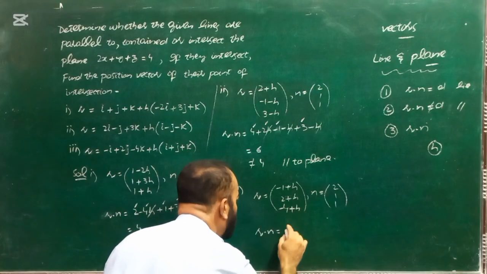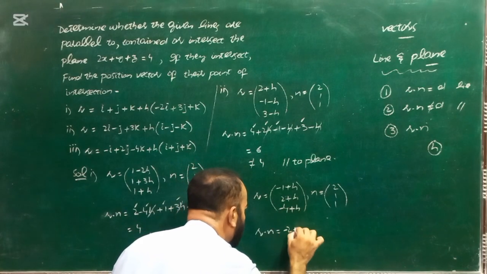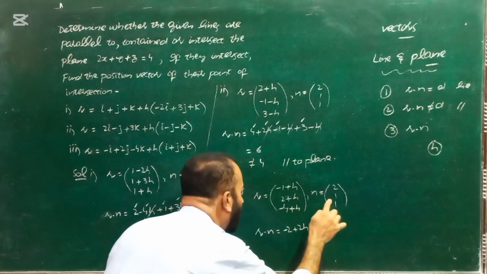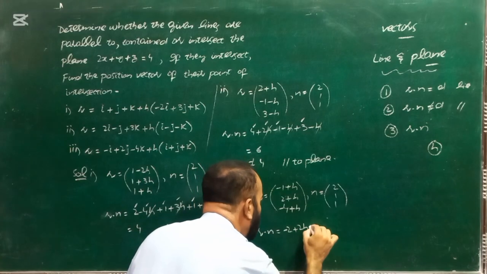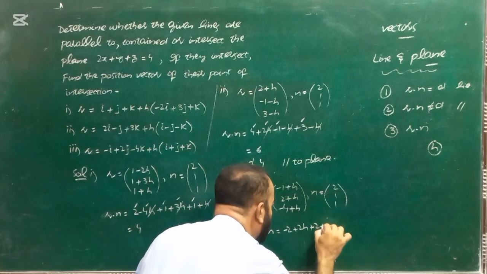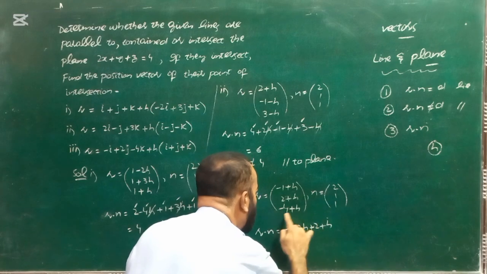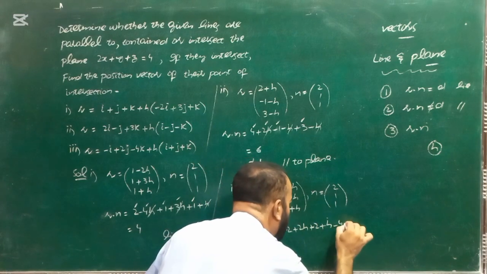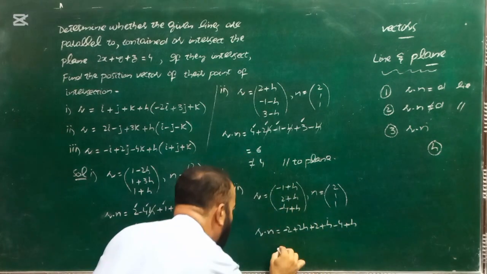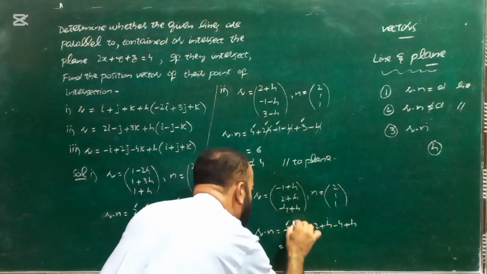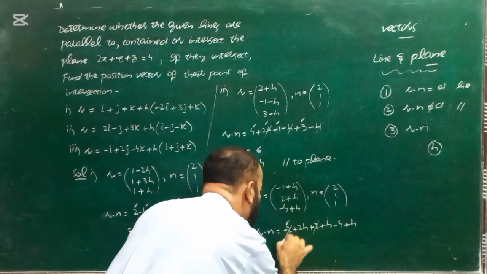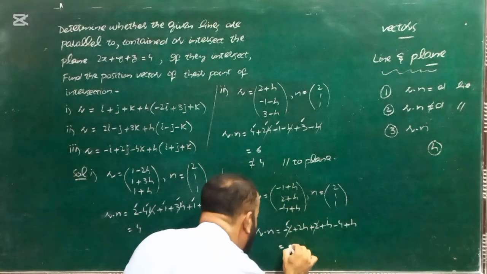So minus 2 plus 2 lambda, plus 2 plus lambda, minus 4 plus lambda. Okay, from here you can see minus 2 plus 2 will be cancelled and minus 4 will be left.